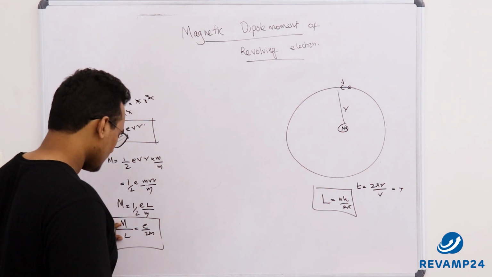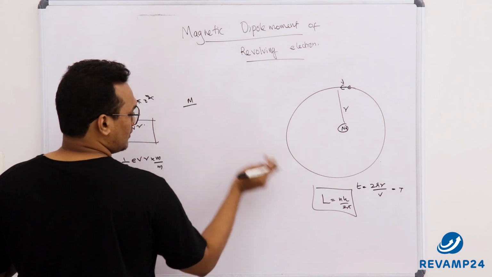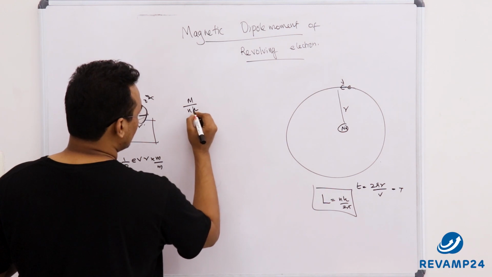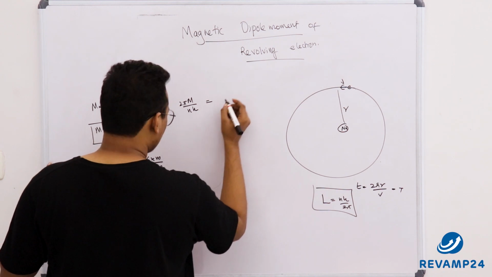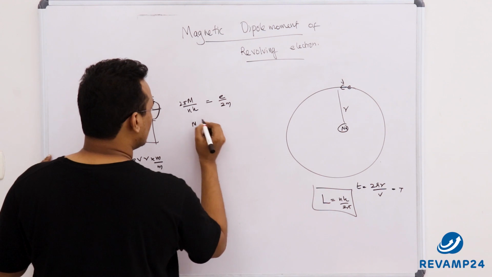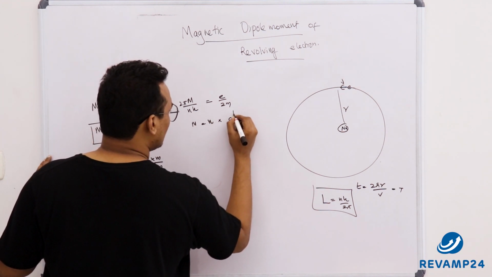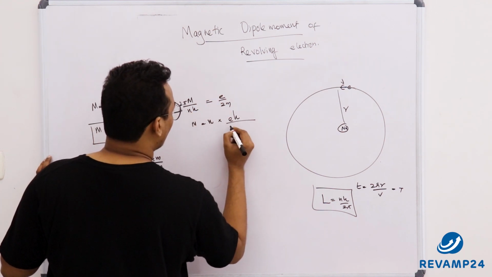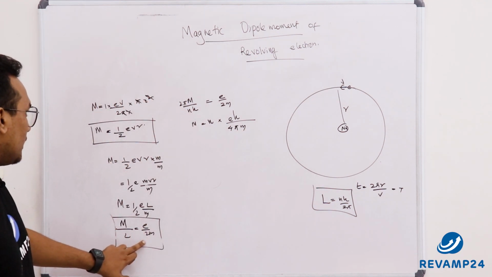So we got the value of M by L as e by 2m, which is a constant. Now we will substitute for L, as per Bohr's second postulate, L is equal to nh divided by 2 pi. M by L is equal to e by 2m.